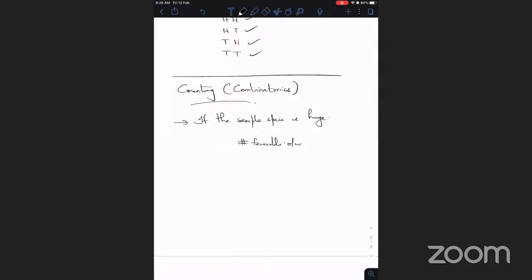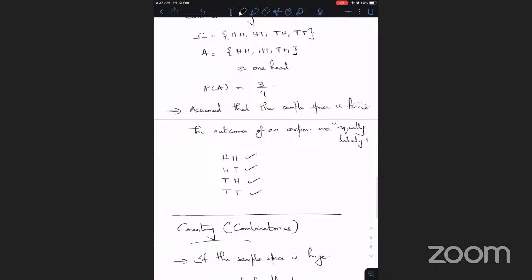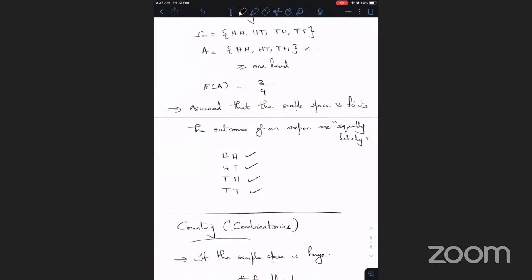To calculate the number of favorable outcomes would be really hard because the sample space is huge, and the number of favorable outcomes can also be huge. So in that case, you can't list out all the possibilities like we did here. For example, for the set A, at least one head, we were able to point out the outcomes which would lead to one head. And it need not be the case that we can do this all the time.